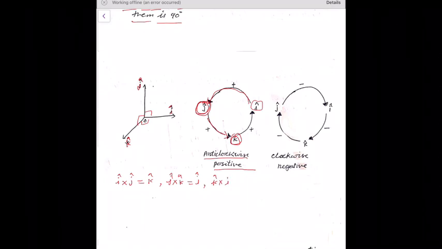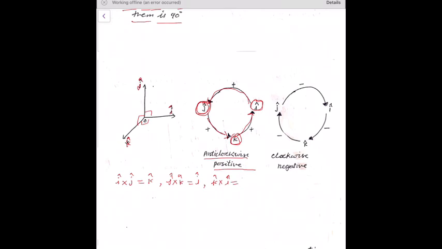and k cap cross i cap, anti-clockwise direction, is equal to j cap. According to clockwise, if we multiply two unit vectors clockwise, then we get negative value of the third vector.